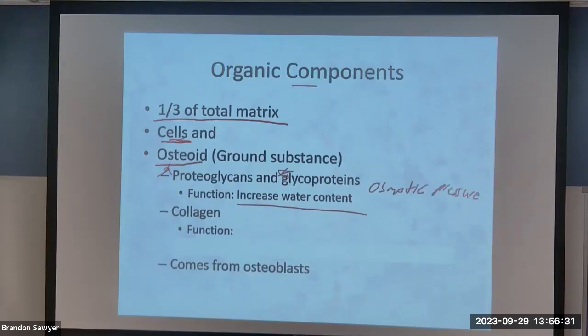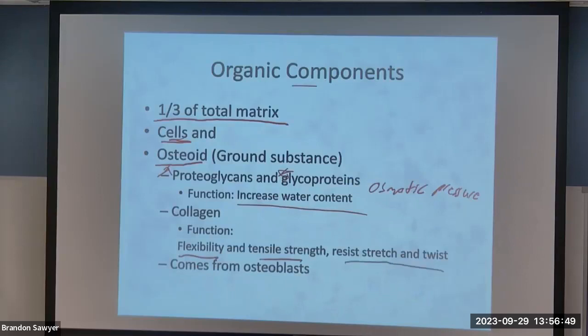And we have this in most of our connective tissue. We have this stuff out there whose job is just to be a solute that creates osmotic pressure and pulls water into it, right? And then we have a bunch of collagen, protein fibrils that give it flexibility as well as tensile strength, resisting the stretching and twisting of our bones, allowing some of our bones to do that without breaking.